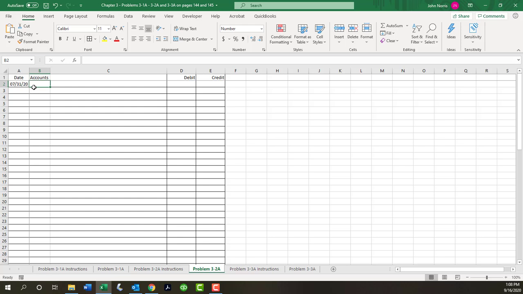The first one is unbilled fees at July 31st should be $11,150. But if you look at the liability account, unearned fees, it has 12,000 as the balance. So this is unbilled, so this is accounts receivable. They have not been billed yet, and fees earned.